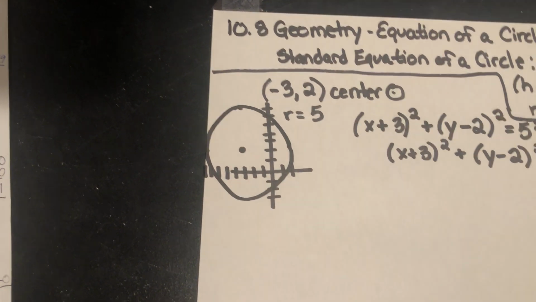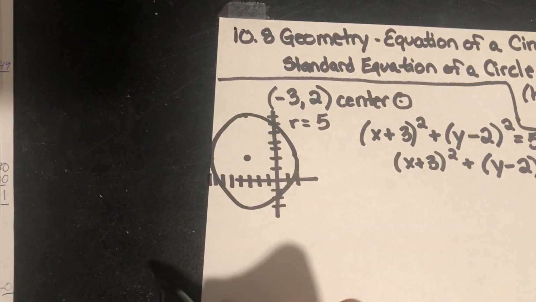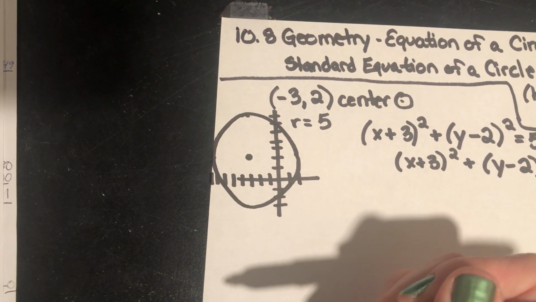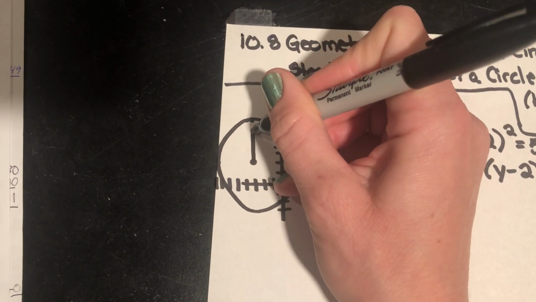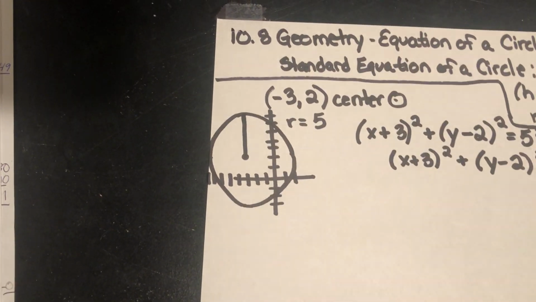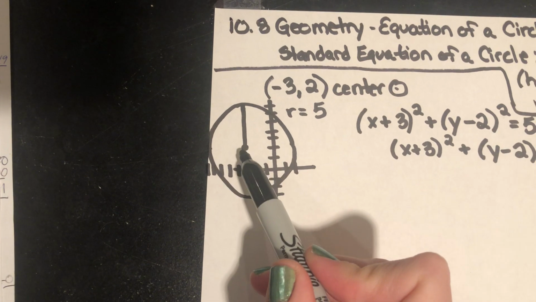My circle drawing skills are limited and I ran out of room on the paper, but you can see the general idea of the radius of 5 and the center of the circle.